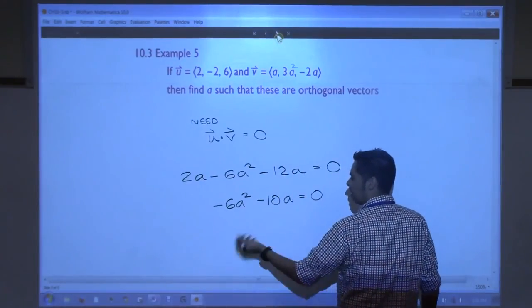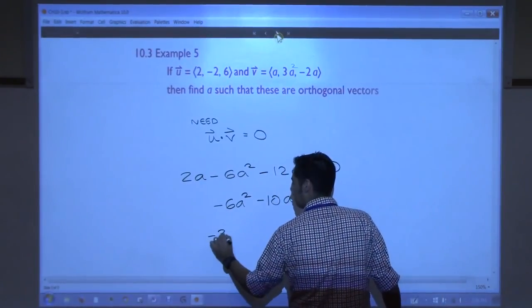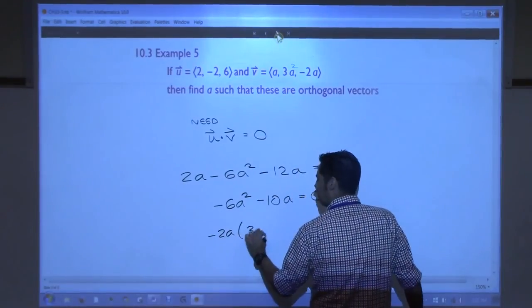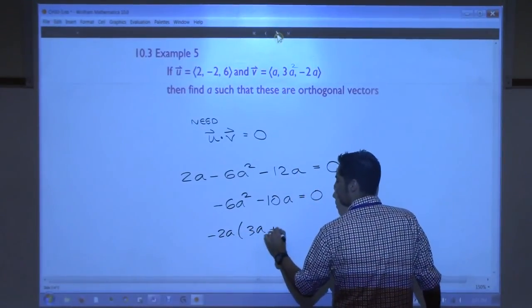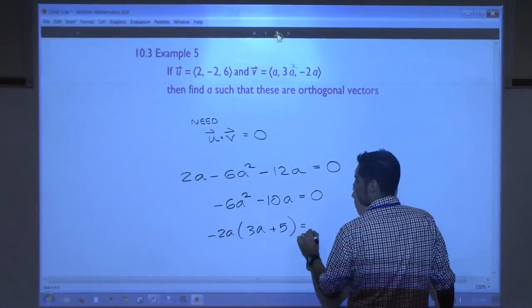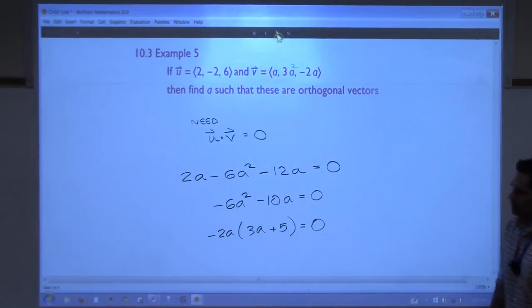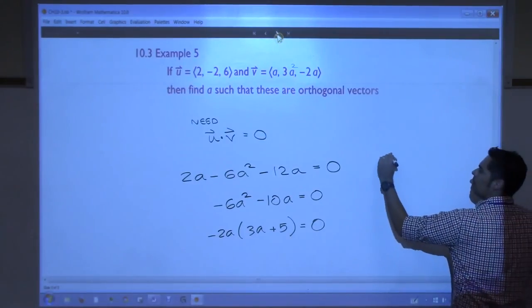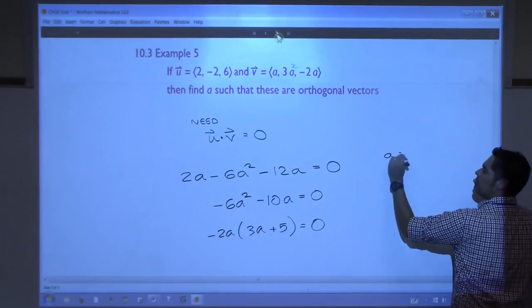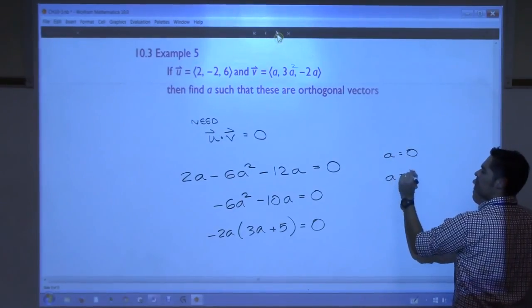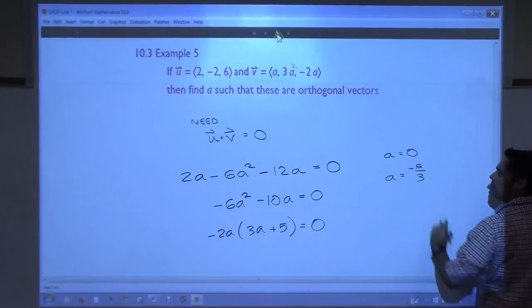A, negative 2A, and be left with 3A plus 5 equals 0. Agree with that? Can you give me the two solutions? A is 0, and then A is negative 5/3.